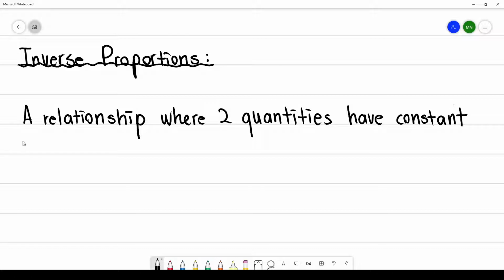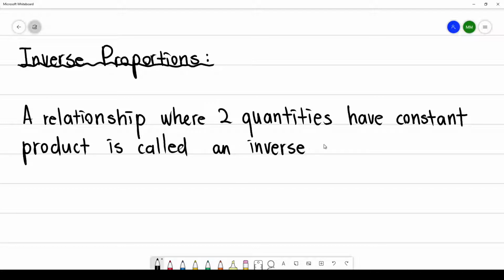So a product is when you multiply two numbers and you get the, yeah, multiplication is product. Is called an inverse proportion. So the key is a constant product.